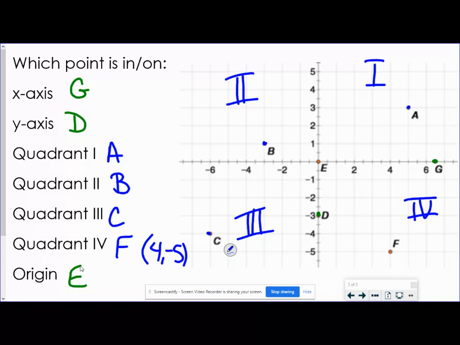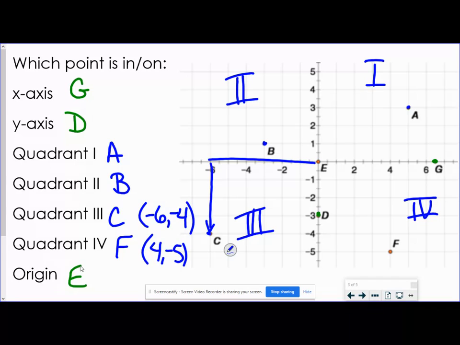I think it wouldn't hurt for us to get these ordered pairs also, just to practice that. We just did letter F. Let's work our way backwards. Point C is at -6, so I go left 6. So I walk to the elevator, and then I'm going to ride the elevator down 4 floors. So I'm going to go left 6, down 4 floors.